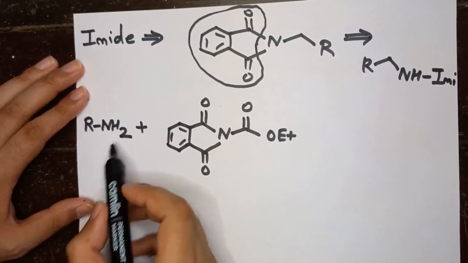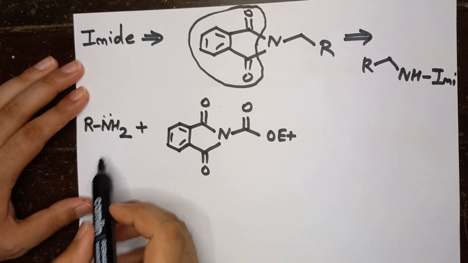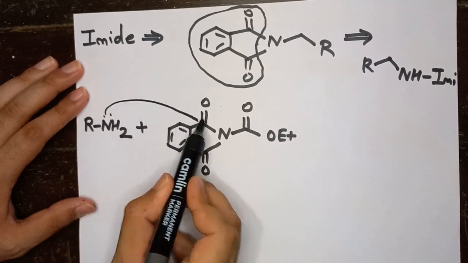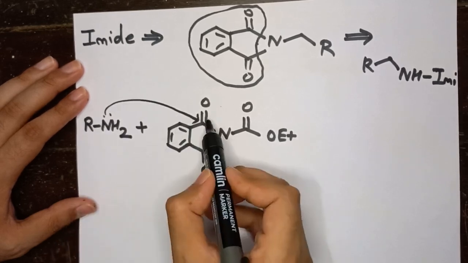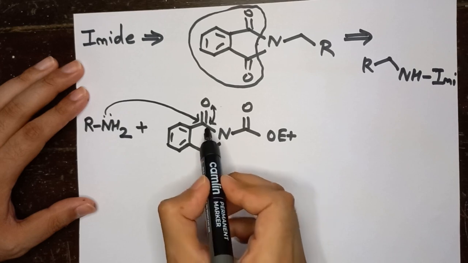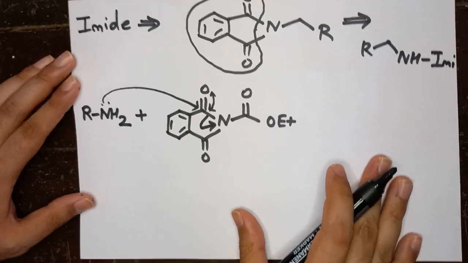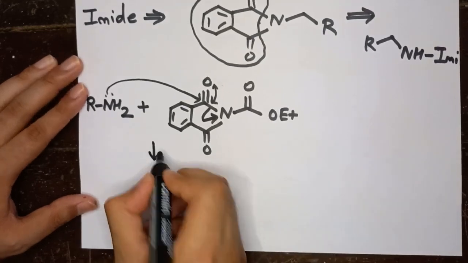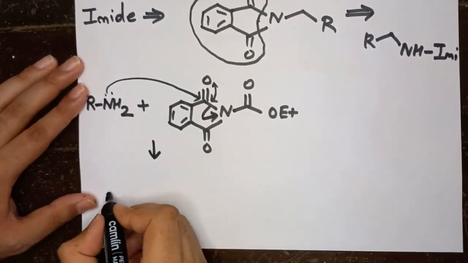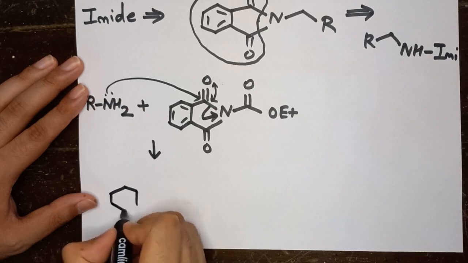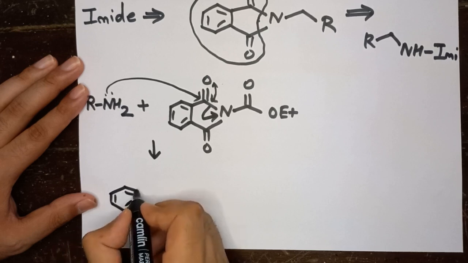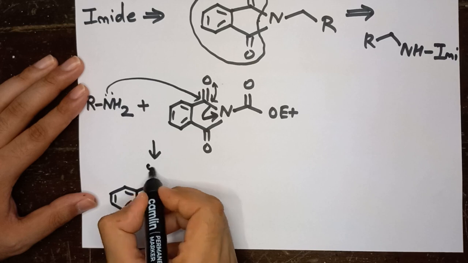So what is the mechanism? This nitrogen lone pair will attack at this carbonyl. Through conjugation, this bond is going to break and will collapse on nitrogen. So the intermediate is like we have a carbonyl group.